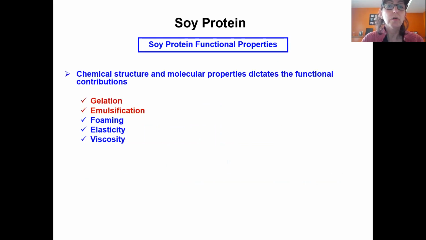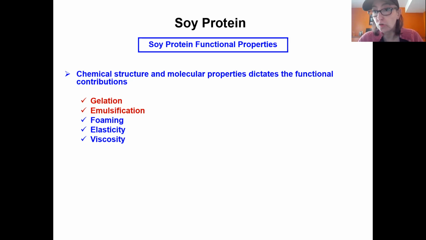Okay, so the functionality of soy protein, or in particular, I'm talking about legumes and oilseeds, but we talk a lot about soy because it's the main legume protein in the market, really, with pea now gaining traction as well. But in terms of what soy protein ingredient is used for, it's not really used for its solubility. It doesn't have that great a solubility at acidic pHs, especially for acidic beverages.